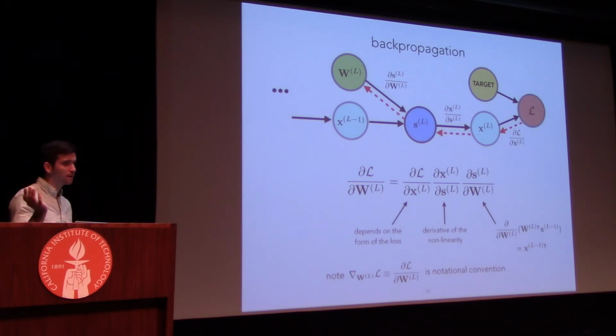You have to work through this matrix calculus, but eventually you get a matrix of derivatives for this weight matrix. And I would highly encourage you, if any of this seems confusing, to sit down with the equations and try to work out these derivatives, because it really helps build your understanding of how these models actually work.